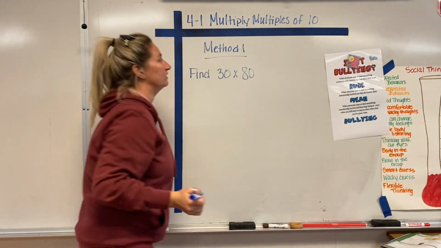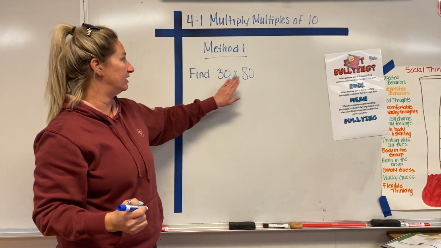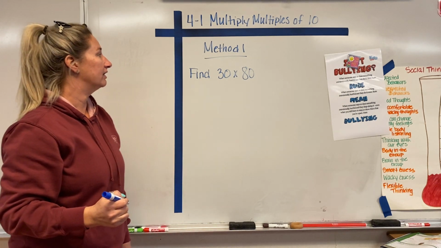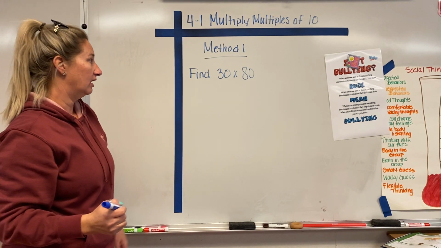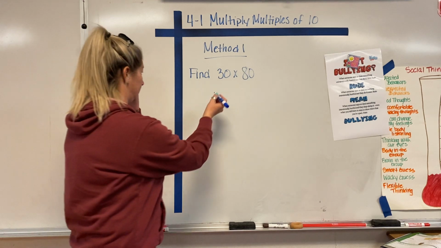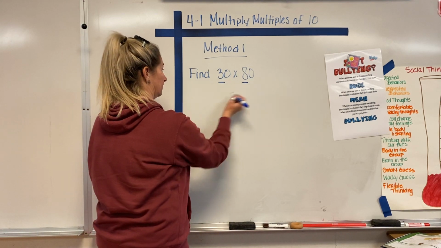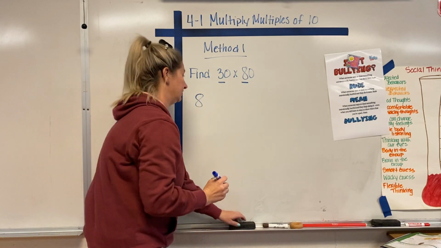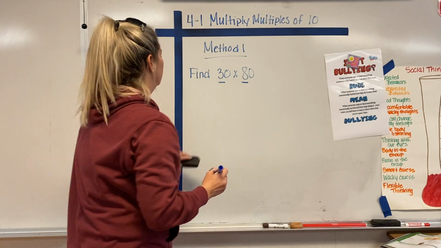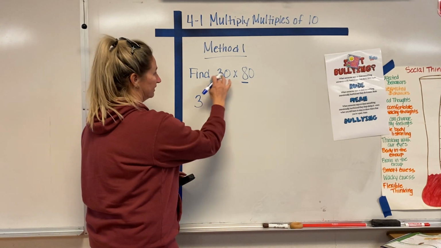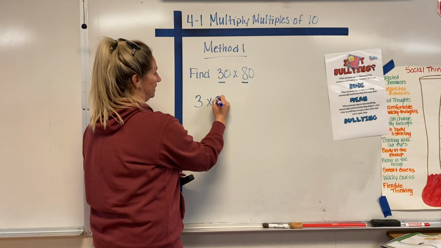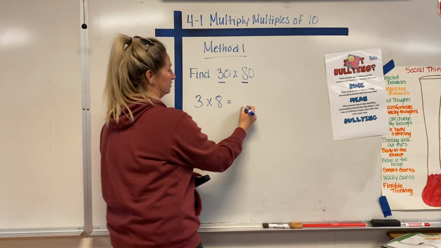Okay, let's say you have two multiples of 10, so 30 and 80, that you're going to multiply together. First you look at the first two numbers and you multiply them together. So that's the tens place, 3 times 8. Okay, that gives me 24.